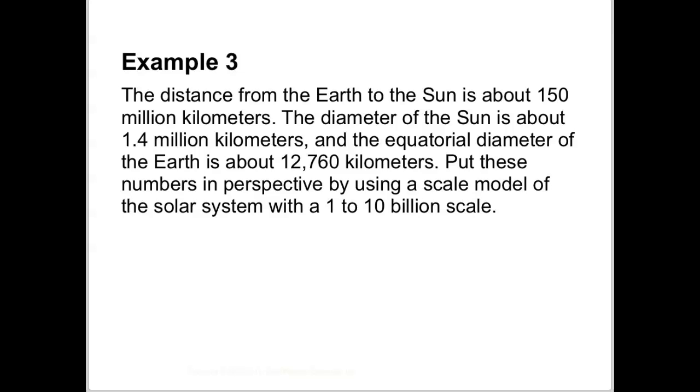The diameter of the Sun is about 1.4 million kilometers, and the equatorial diameter of the Earth is about 12,760 kilometers. Just remember the equatorial diameter of the Earth, what they're talking about there. Here's the Earth. Let me make it 3D for us. So the equatorial diameter is the distance across the Earth at the equator.